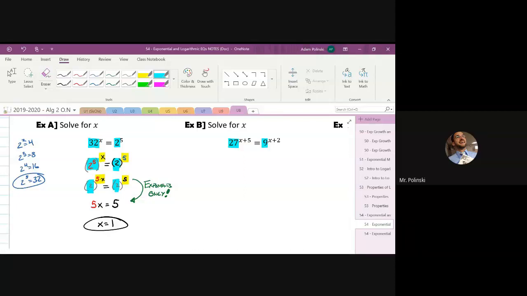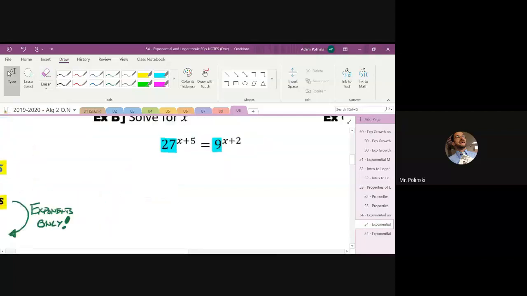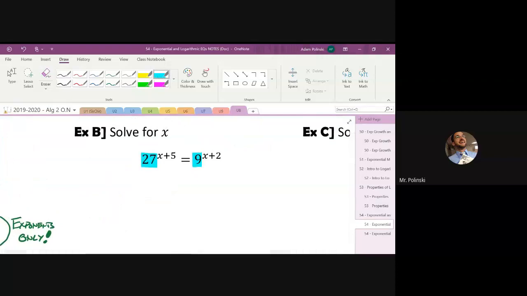Well, over here, when I was looking at 32, I was thinking like 2 raised to certain powers. Well, a lot of the time, we're either going to look at 2 raised to certain powers, 3, 4, 5, 6, 7, like basically single integers if we could. So in this particular case, if I showed you 9 and 27, what number maybe do they have in common here?